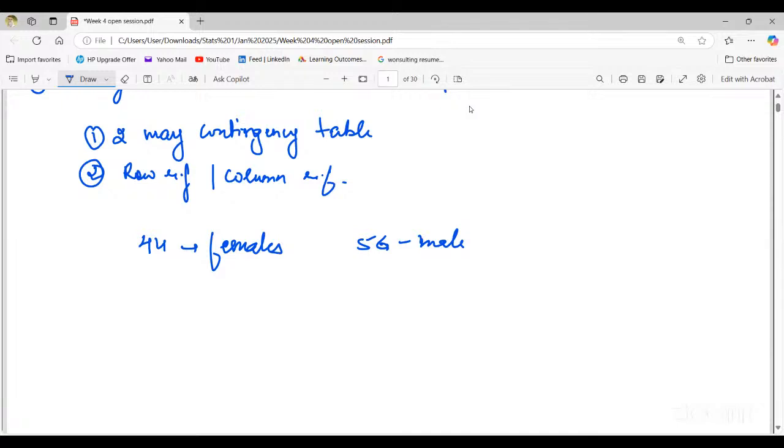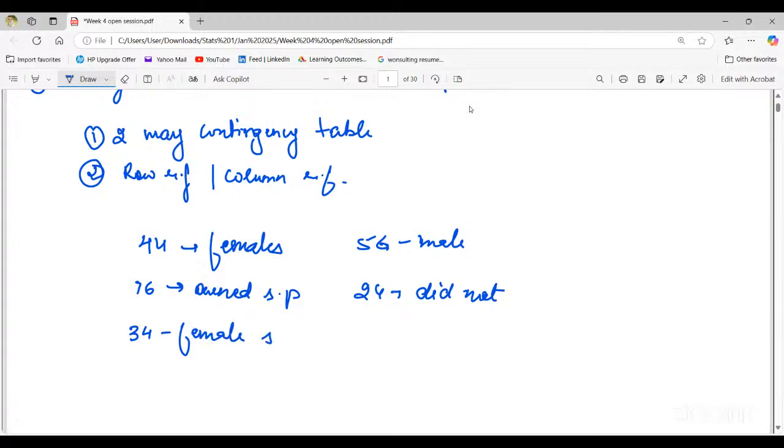Of these, 76 own smartphones and 24 do not. Then 34 females own a smartphone and 42 males own a smartphone.